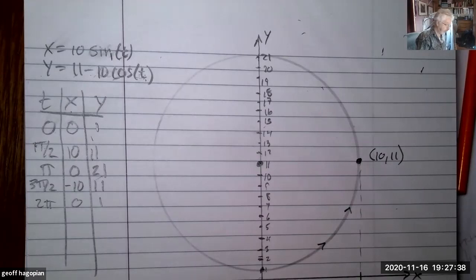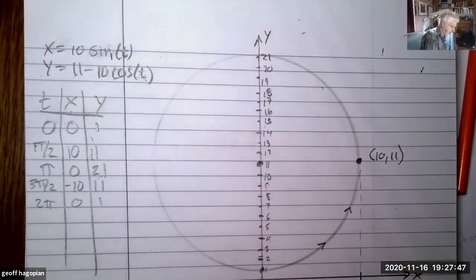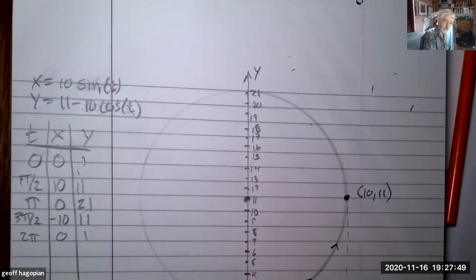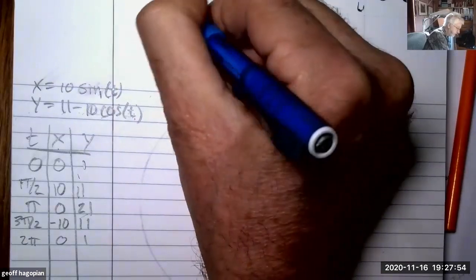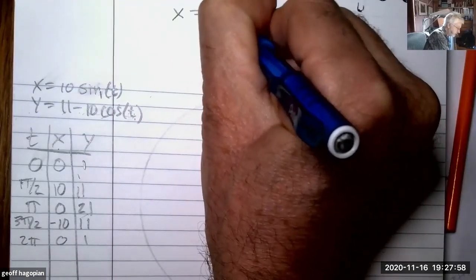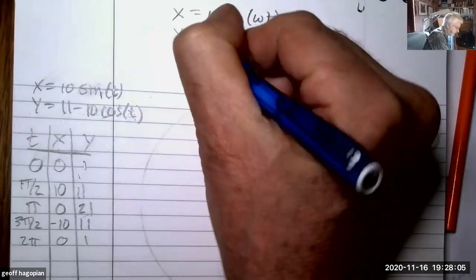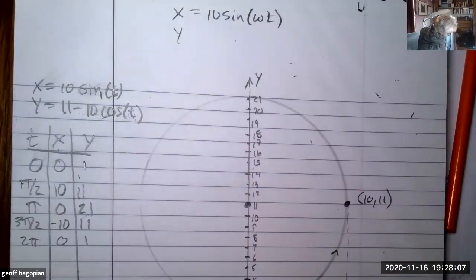But we want it to be not 2 pi per revolution, but they say 20 seconds. So we want to multiply the input by omega, right? So here's our final tweak of our functions here. We're going to say x is equal to 10 sine omega t. So we'd like to choose omega so that our frequency of oscillation is 1 cycle every 20 seconds.